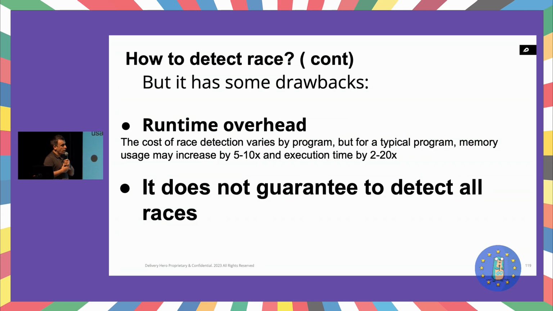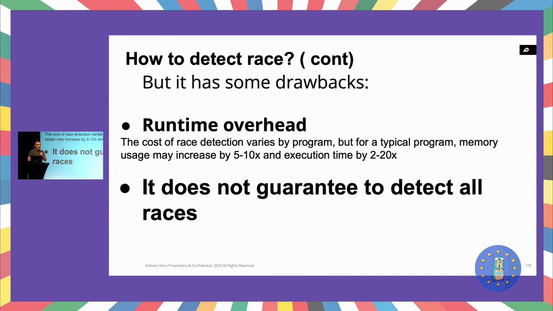But of course, like anything that brings runtime detection, it has some drawbacks. One of the main ones is runtime overhead. In a usual program, it brings us 5 to 10 times more memory and 20 times more execution time than a normal run.